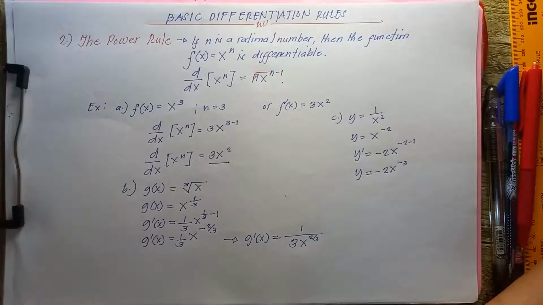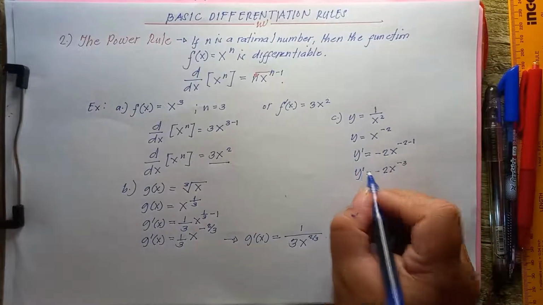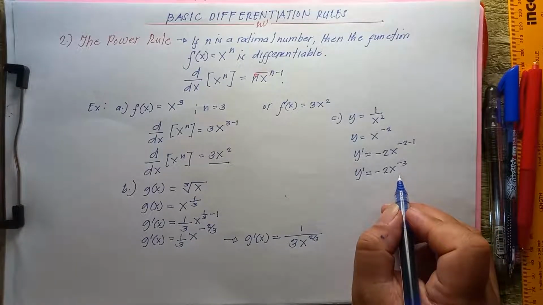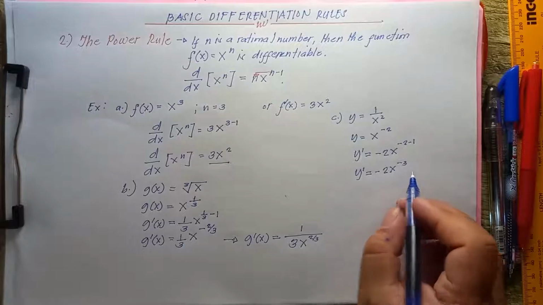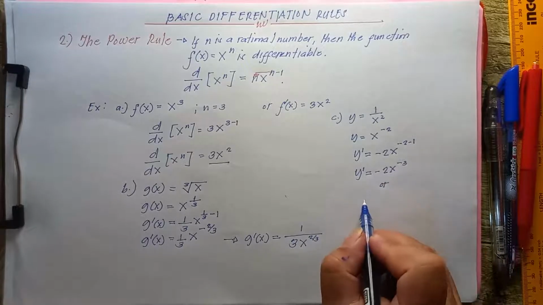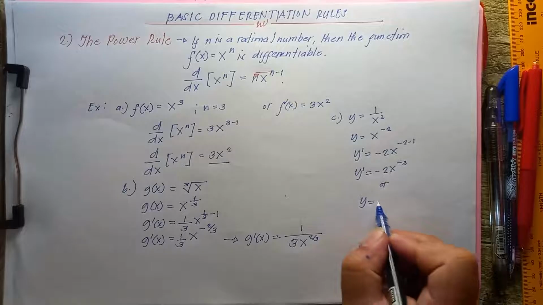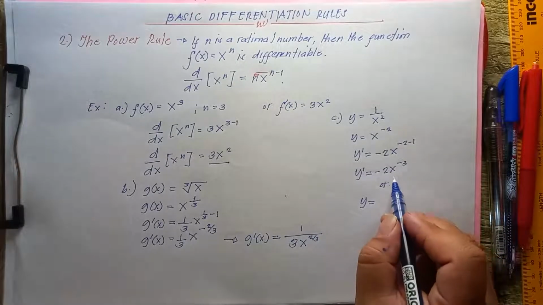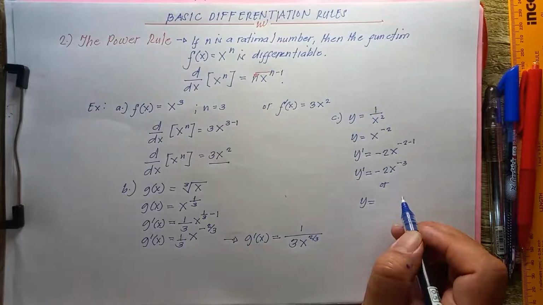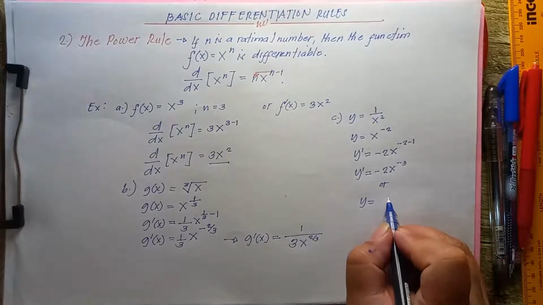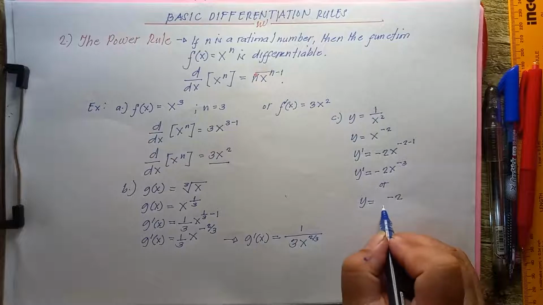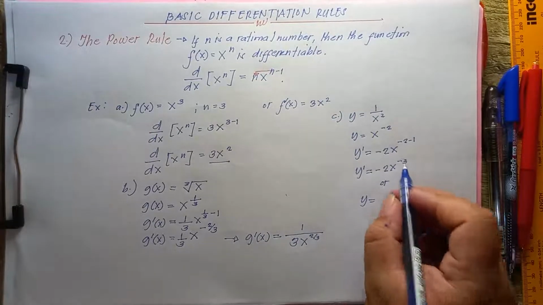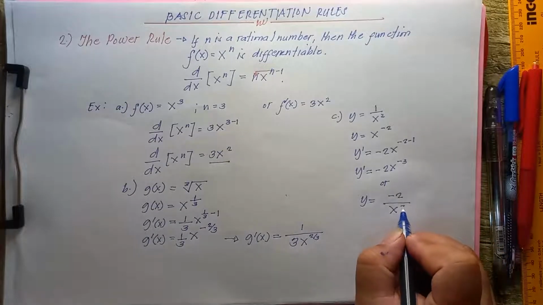Or, if you want to have a positive exponent, you can have this as your result: y prime, bring down the numerical coefficient with an exponent of negative 3, and it will give you negative 2 over x, and the exponent will become positive.